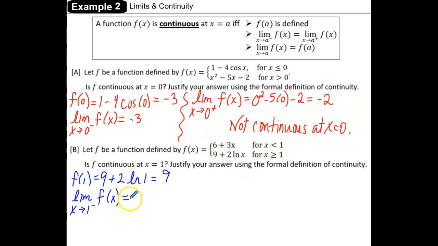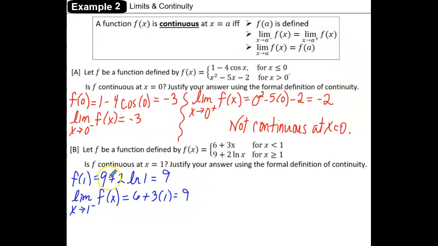So we're going to be evaluating the linear subfunction, 6 plus 3 times x, and we're substituting 1 for the x. 3 times 1 is 3, plus 6 is 9, right? So far, our evaluated function at a and our limit for the left side approaching a, those are the same.